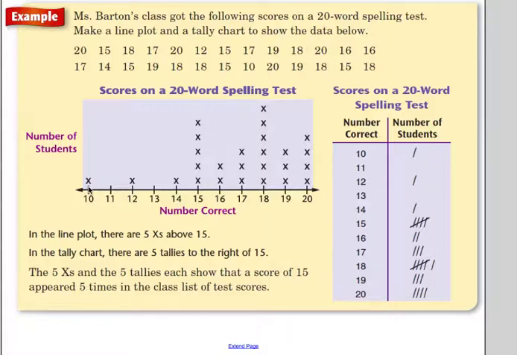So if I count 13, 1, 2, 3, 4, 5, 6, 7, 8, 9, 10, 11, 12, 13, from the beginning is going to be 17, 13 from the end is going to be 18. 17 and 18 are my 2 middle numbers, and so I have to find the mean of those, or halfway between those. So my median is going to be 17.5, and I didn't even have to write anything down. Kind of handy. And this is what a tally chart looks like.